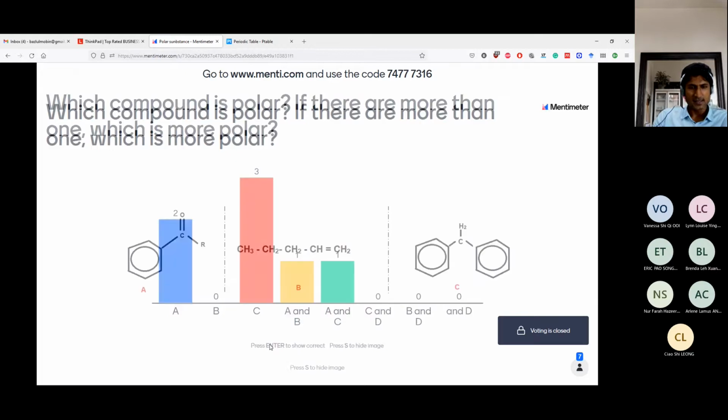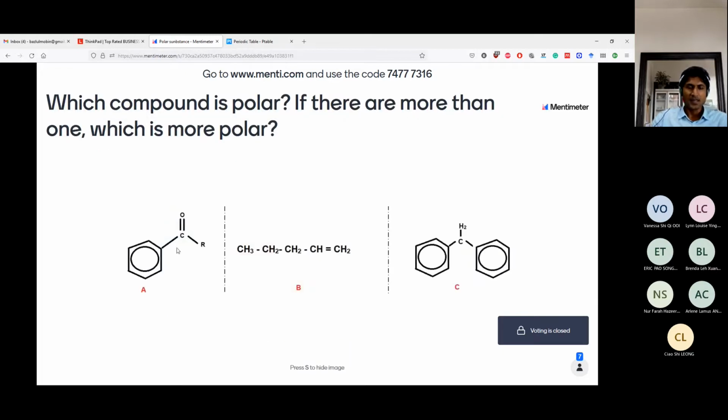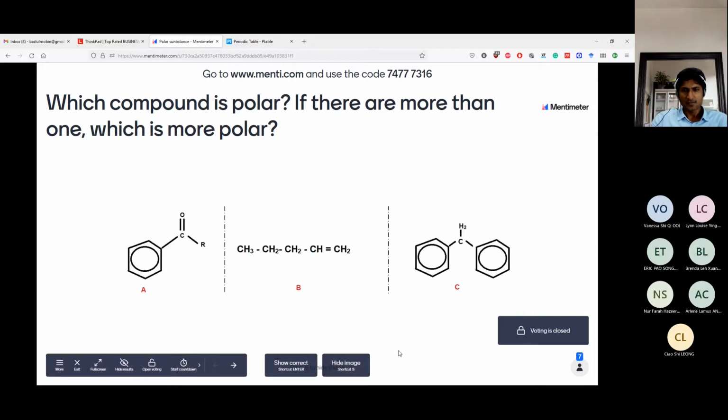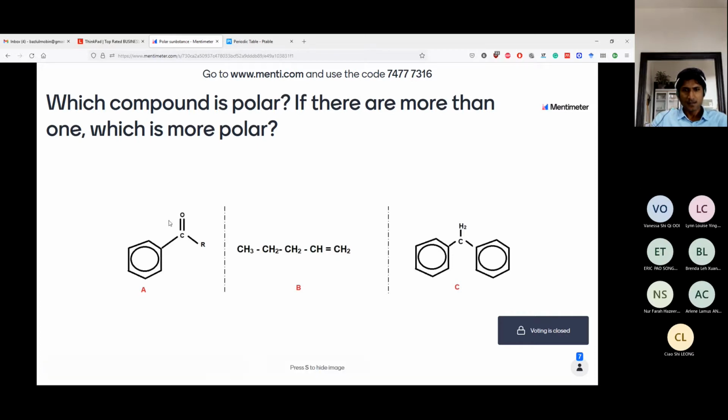Let's see. By the way, what is the group on compound A? Can anybody tell me? This is CO, a keto group, right? This carbon has two oxygen and it is bonded to 2 other carbon, so this is a keto group.